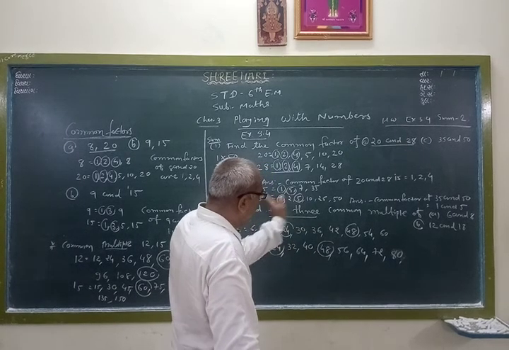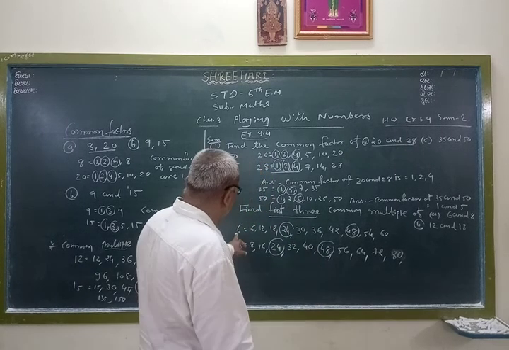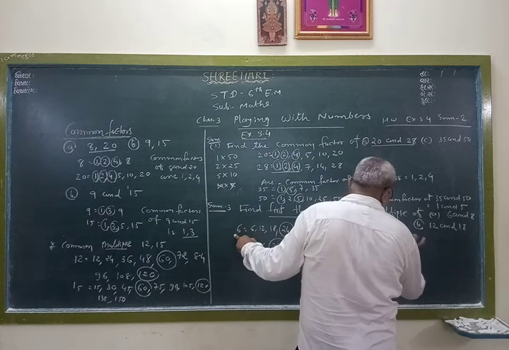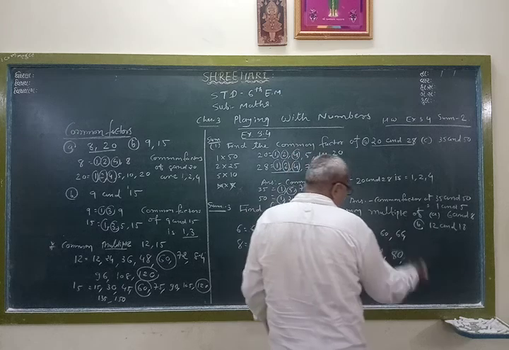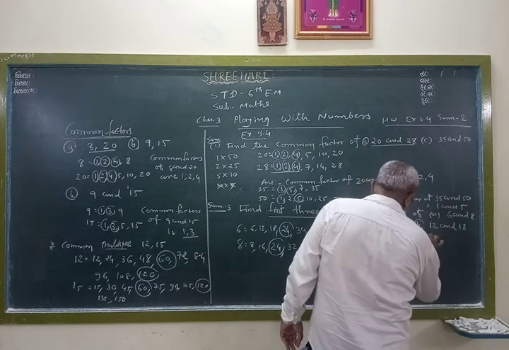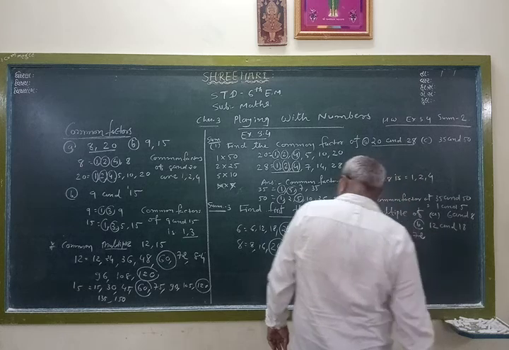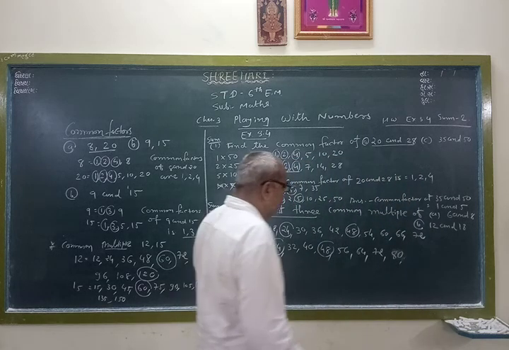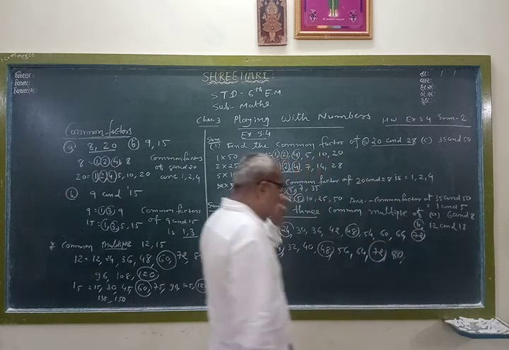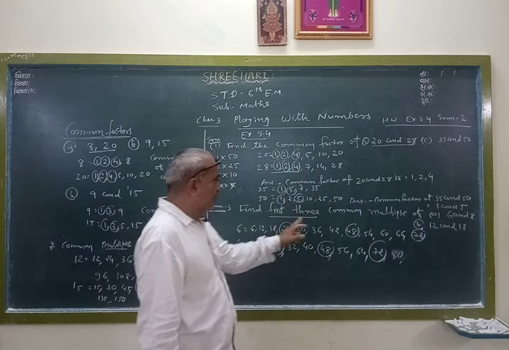So go more. Add 6 to 66, then 72. Then we got here 72, here also 72. So 1, 2 and 3.